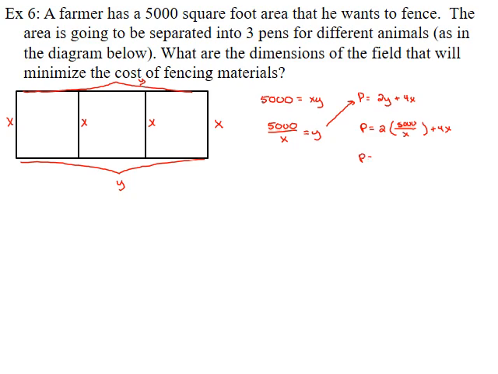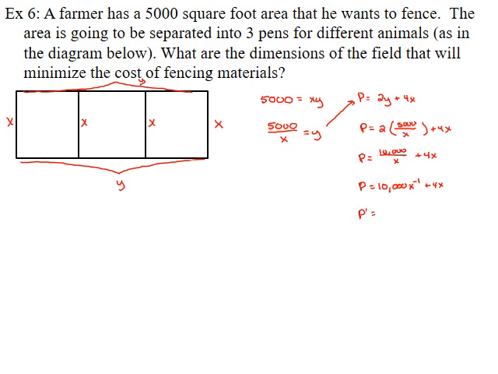Putting that together is going to make the perimeter equal to 10,000 over x plus 4x. And this is what I want to take the derivative of. Now it's going to be easier if you go ahead and rewrite that first term. So I can say that perimeter is 10,000 x to the negative 1 plus 4x, because I'd rather do the power rule here if possible.